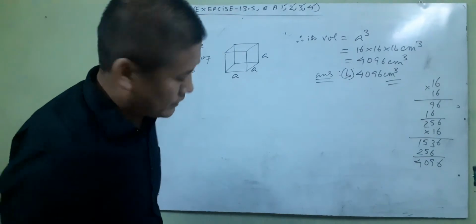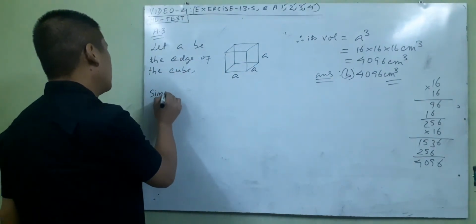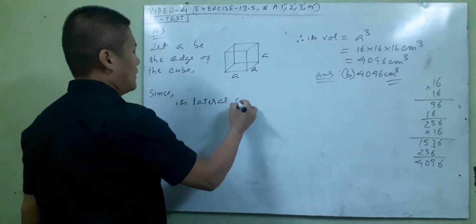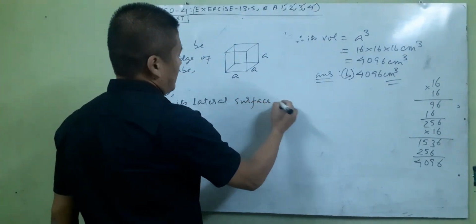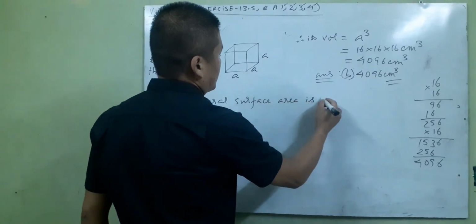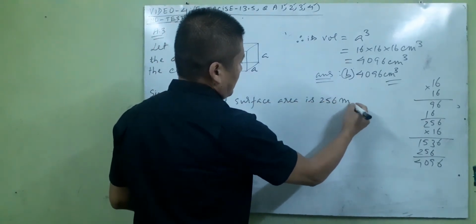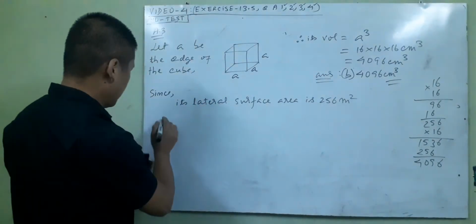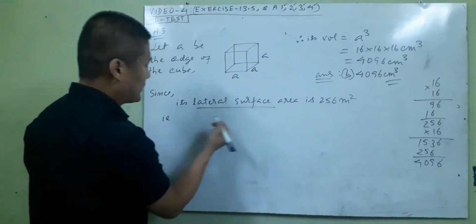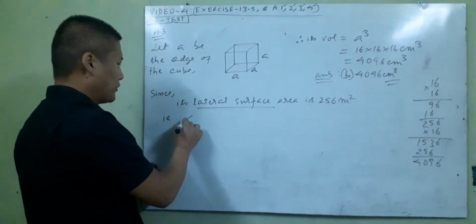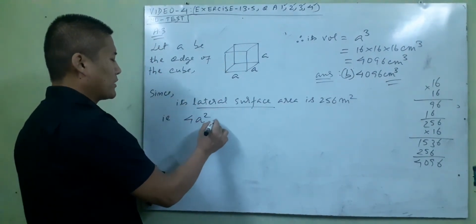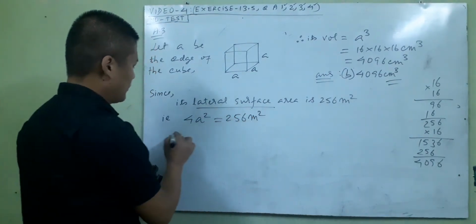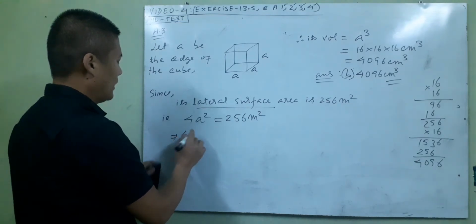Now, since its lateral surface area is given as 256 meter square, with this information let us try to do something. The formula for lateral surface area, meaning the four walls' area, we did in the beginning of the chapter: 4a square is equal to 256 meter square.